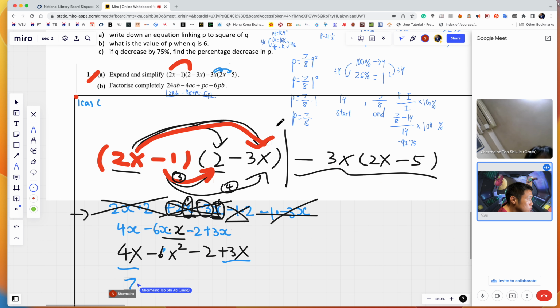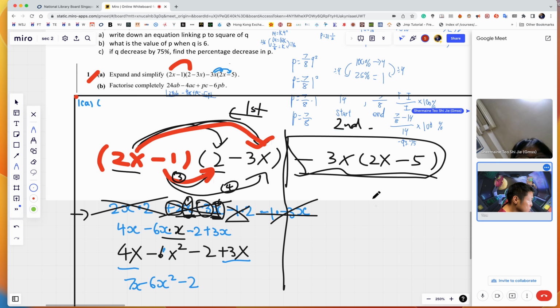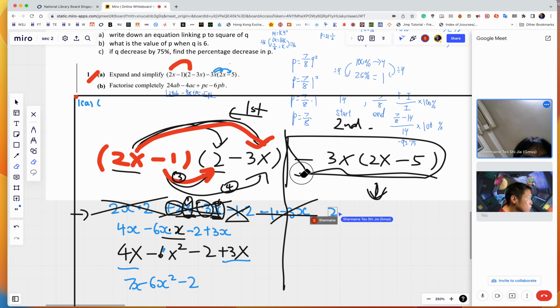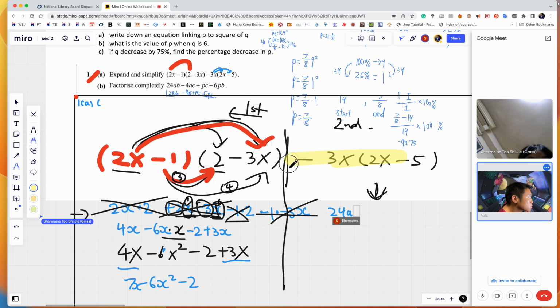So basically you do this first part first. This is your second part. Okay, good. Now can you do the second part? Then later you combine. So you just draw a line here. So you just do it here. Can you do it here? Show me the arrow. This one. Yes.